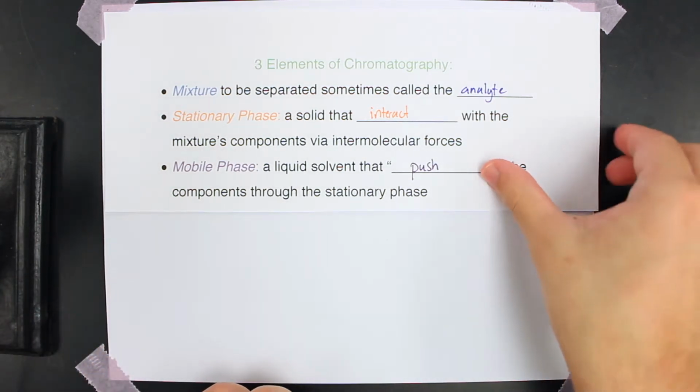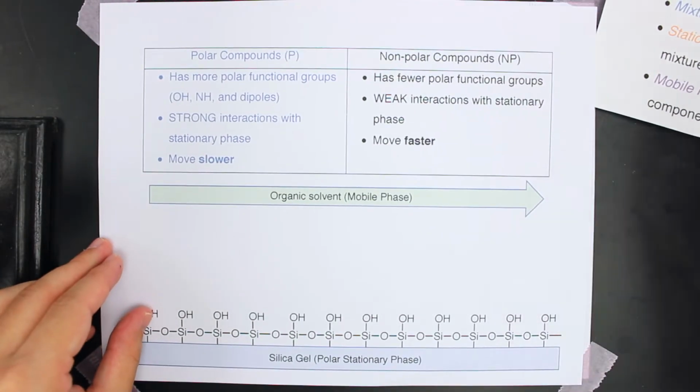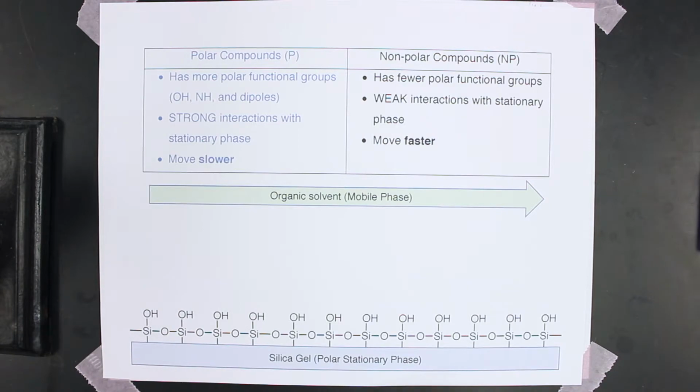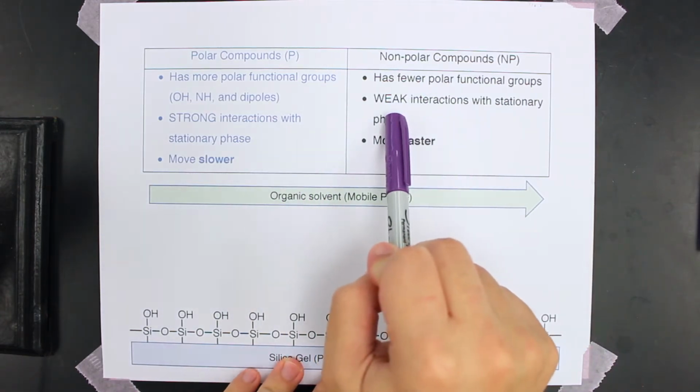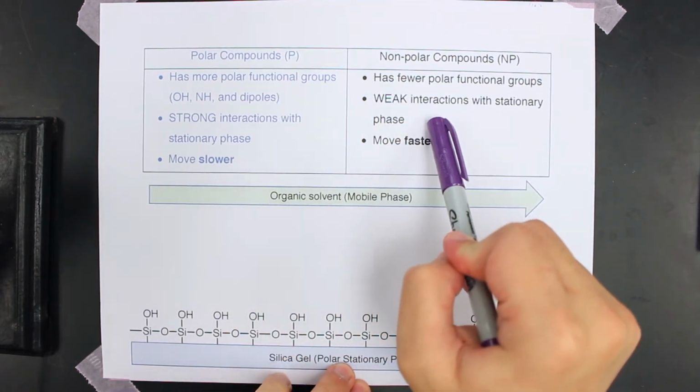Now, if that sounds a little abstract, we've created this little example to help us explain this phenomenon. And let's talk about the polarity aspect. So as I mentioned, chromatography is dealing with the separation of molecules based on their polarity. And I have this table here which describes the differences between polar molecules and non-polar molecules in chromatography.